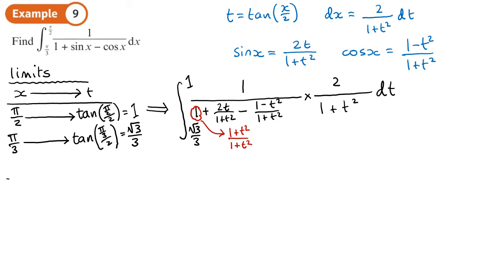Now if I do that, this is what the integration will become. So still 1 and root 3 over 3. Then I'll multiply the tops together, so I'll have 2 there. Then at the bottom, I will have 1 plus t squared, that's from the 1, plus 2t minus 1 minus t squared, and all of that will be over 1 plus t squared.